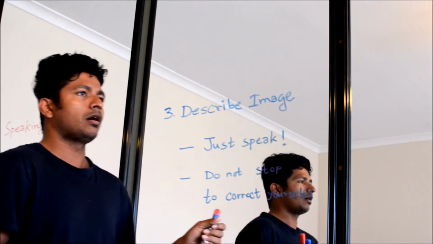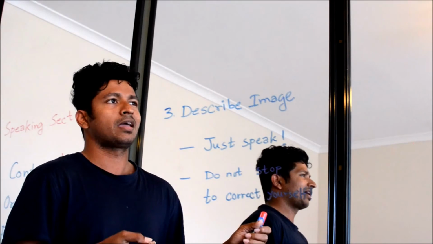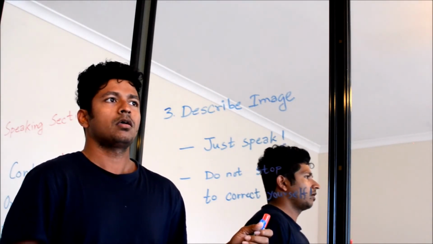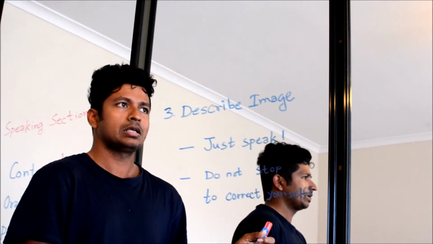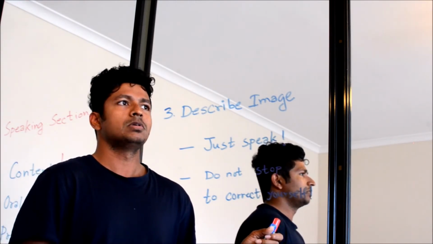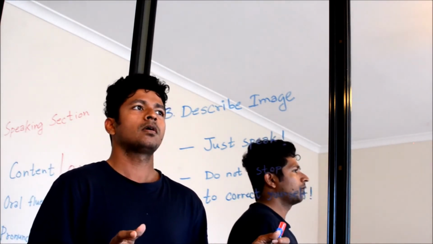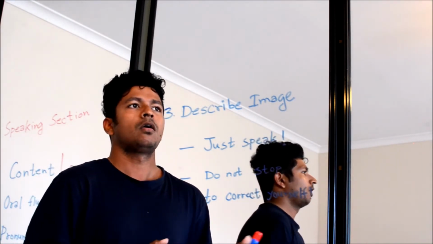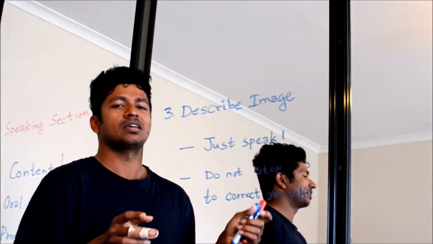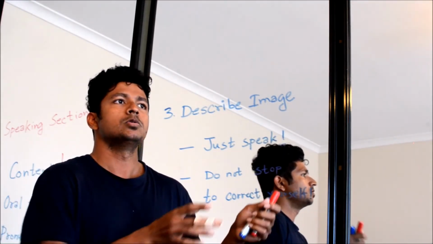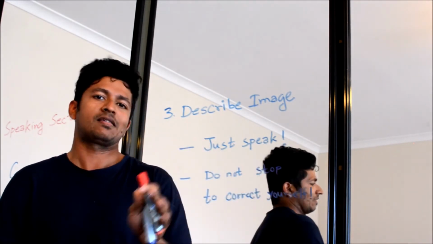What I found out is you have to just speak. Don't care about the grammar, don't care about the content, just speak, try to be clear, and if you need to take some pause, try to use a filler. A filler is something you say when you're taking a pause. Say you just spoke one sentence and you were thinking about the next sentence.